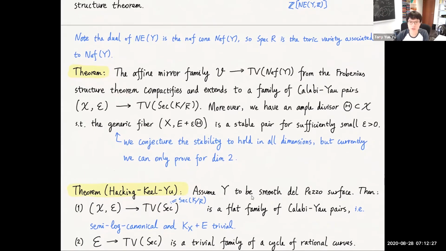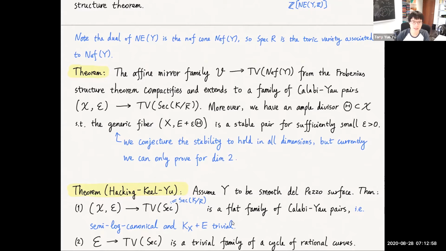So assume that Y is a smooth Del Pezzo surface. Then the family produced by compactification and extension to the toric variety associated to the secondary fan is a flat family of Calabi-Yau pairs. Now, recall from the definition of Calabi-Yau pairs, this statement is essentially a statement about singularities.